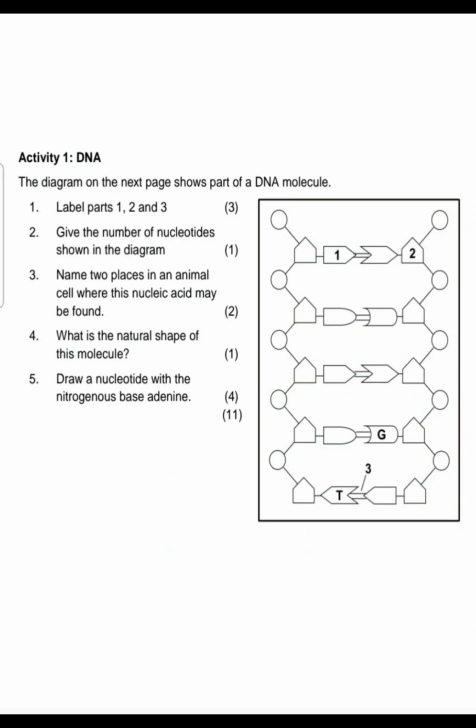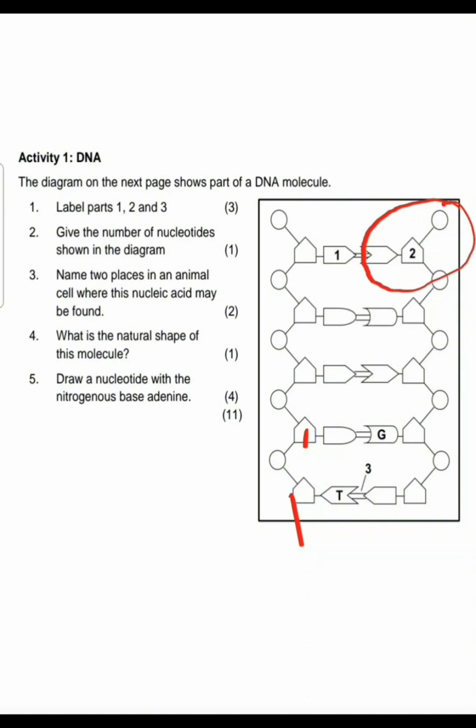So we have a total of 10 nucleotides, not 5 but 10. An easier way to count is you can just count the number of sugar molecules or the number of phosphate molecules. I go with the sugar molecules, so you can see that they are 10. But then if you want to see, this is a full nucleotide.